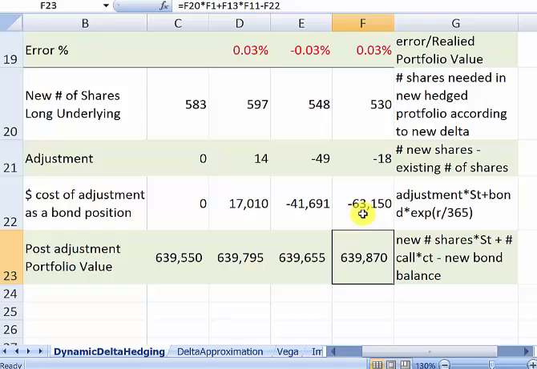This is purely changing some of the long asset from the stock position into a long bond position, long treasury bills position. And that's just asset category movement. And what will follow is that the treasury bills themselves still evolve at the risk-free rate.